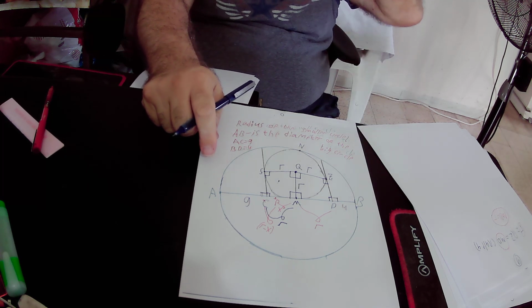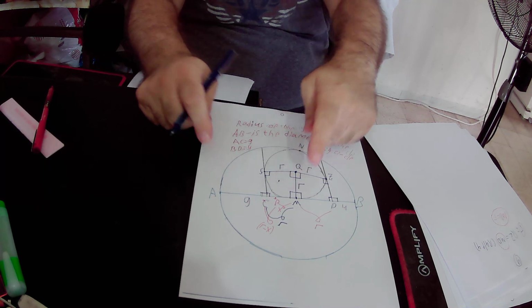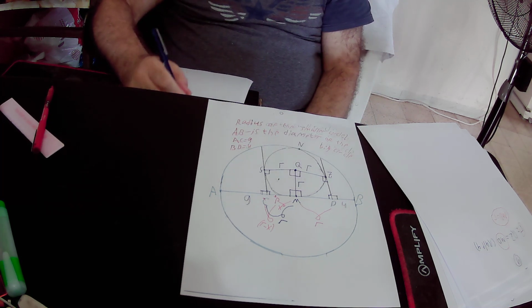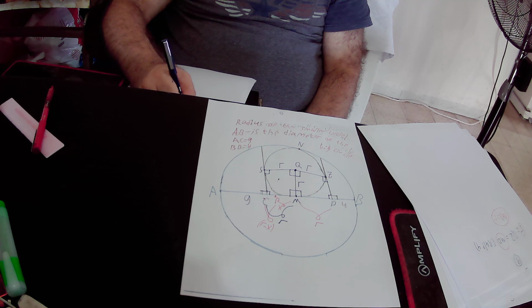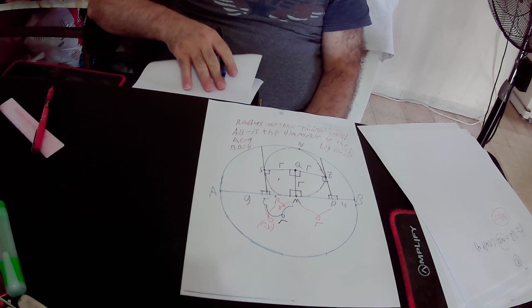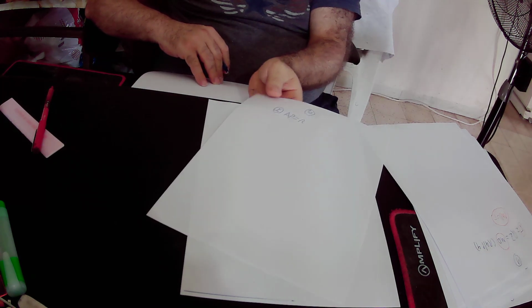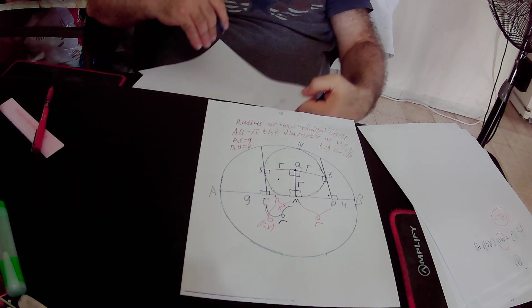So actually AP is the radius of the big circle, so that will be our first equation that states that AP equals capital R, because P is the center of the big circle.